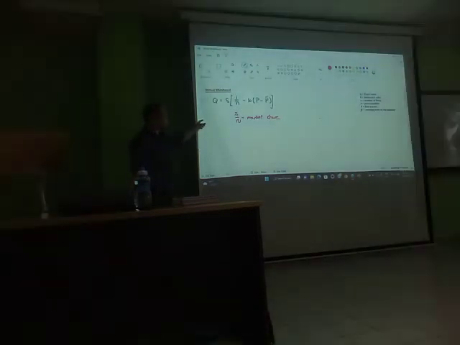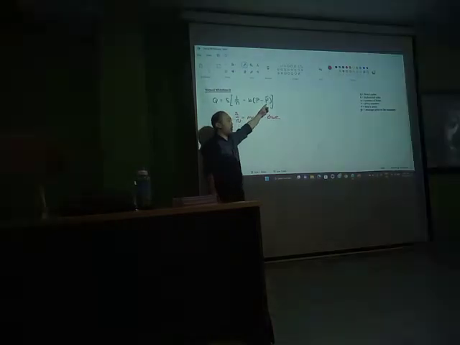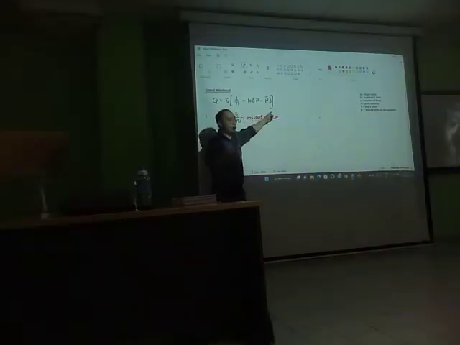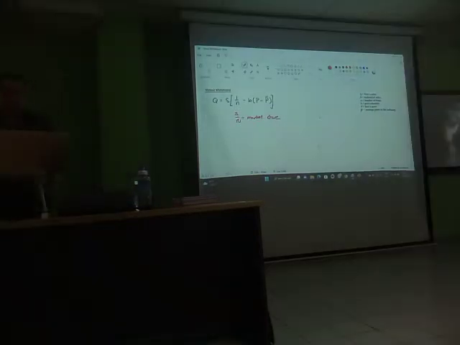If you look at the mathematics itself, this is negative, right? If P is lower than P bar, the market share will be bigger or smaller? Bigger. That means if this firm is able to set a price lower than the average price in the industry, this firm will get a higher market share. And vice versa, if it sets a higher price than the average price, the market share will be lower, correct?